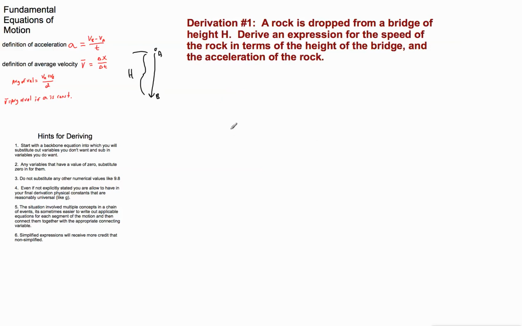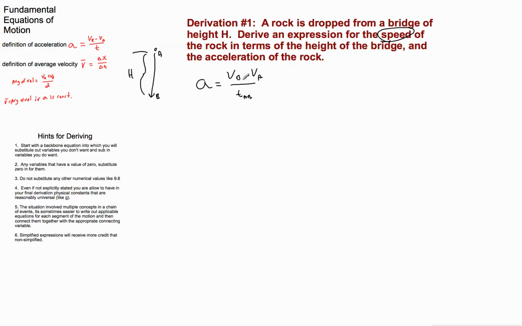All right, so our first hint was to start with a backbone equation. And so I'm going to use as a backbone equation an equation that has what we want, which is the speed of the rock. So the acceleration equation up there has that, a equals vB minus vA over the time from A to B. That has the thing we want.